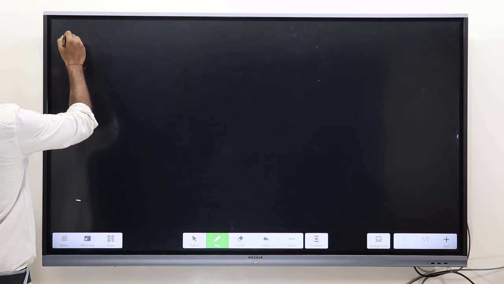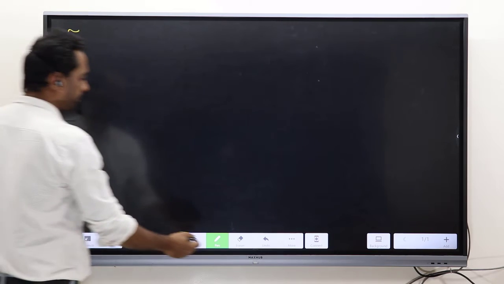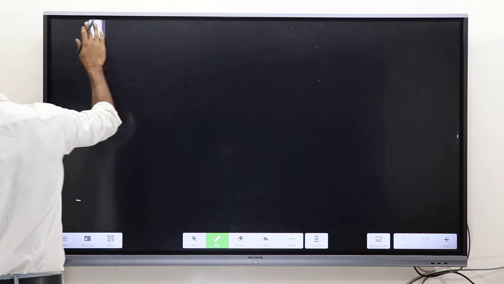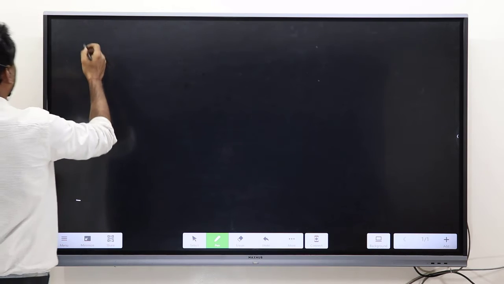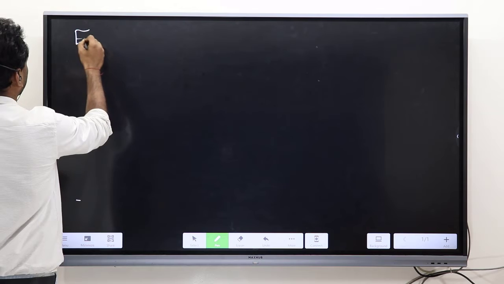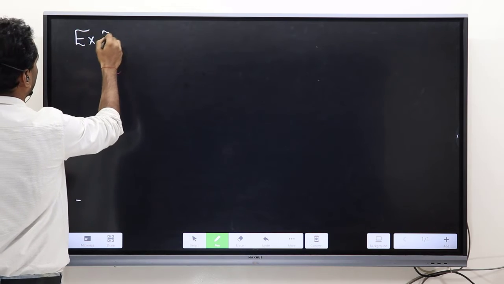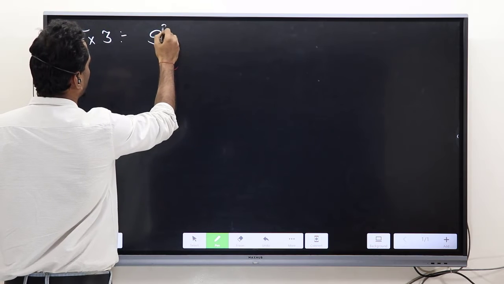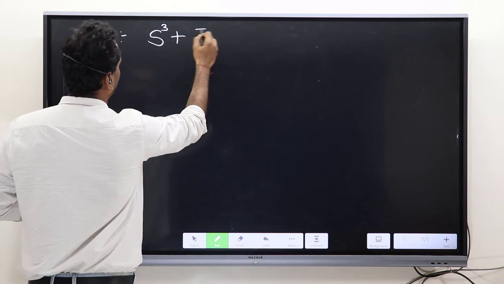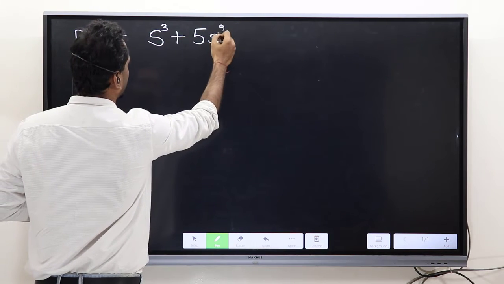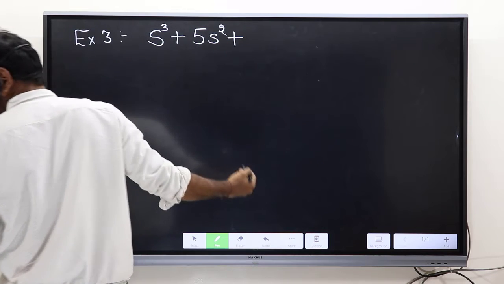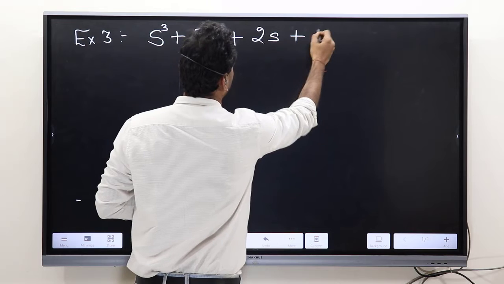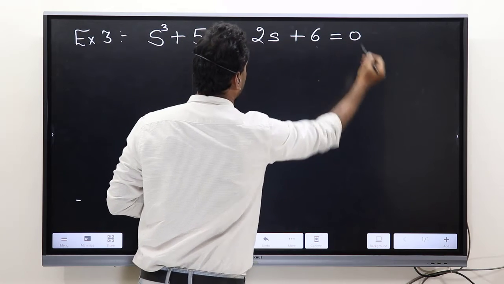Now just take an example. Let us take an example. I guess it is example number 3. I have s cube plus 5s square plus 2s plus 6 is equal to 0.